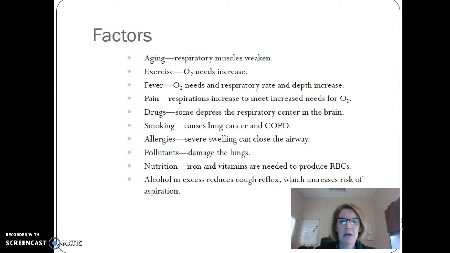Allergies can affect our respiratory system. Severe swelling can close those airways. Pollutants, nutrition: iron and vitamins are needed to produce red blood cells. And then alcohol in excess reduces the cough reflex and increases the risk for aspiration, and can also suppress the nervous system, which, as we talked about earlier, can affect the respiratory system.